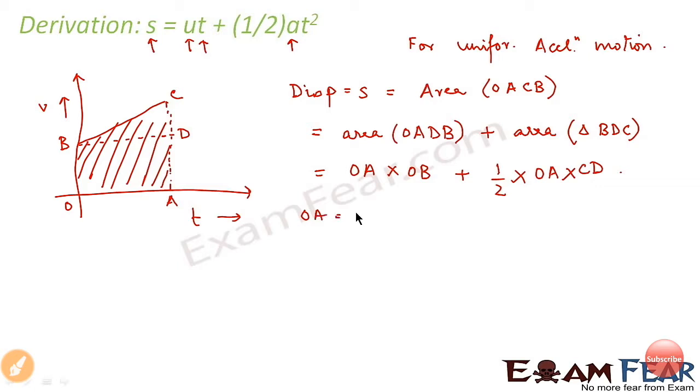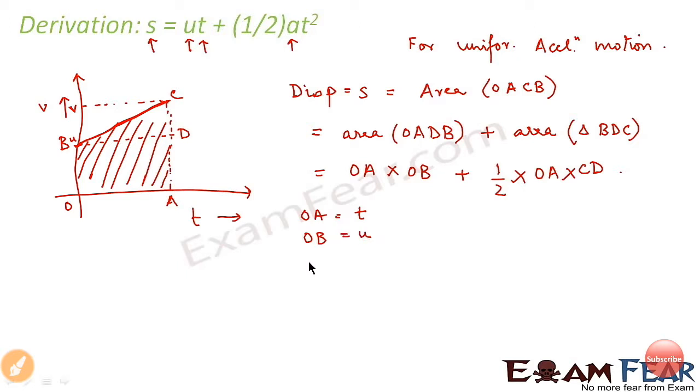OA is nothing but time, that is T. Similarly, what is OB? We have considered that this straight line displays the uniformly accelerated motion. That means this point corresponds to the initial velocity and this point corresponds to the final velocity. So the initial velocity is U and the final velocity is V. Correct? So OB is equal to U.